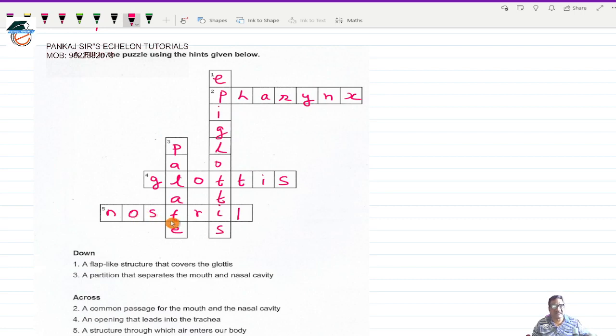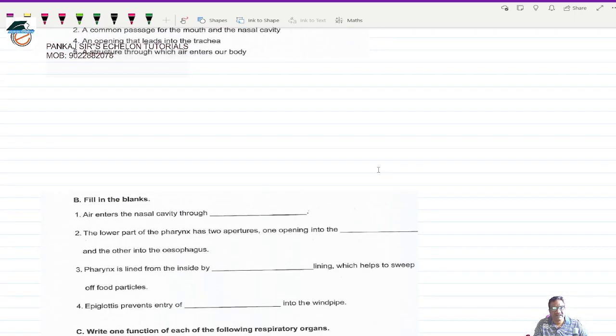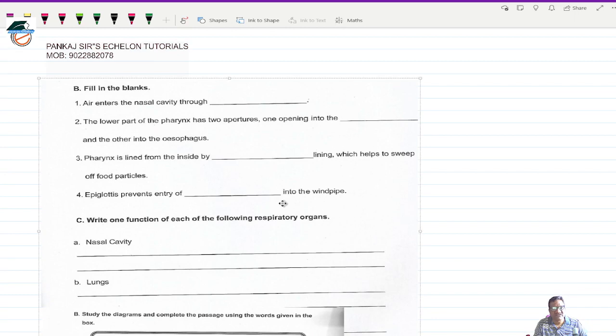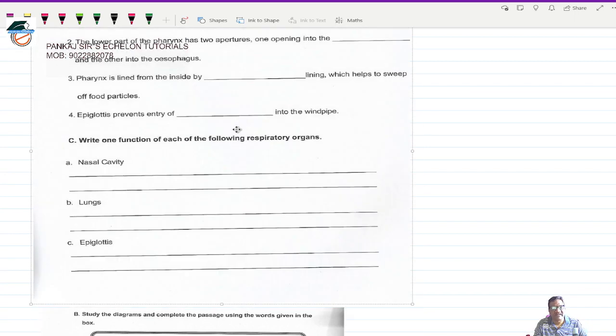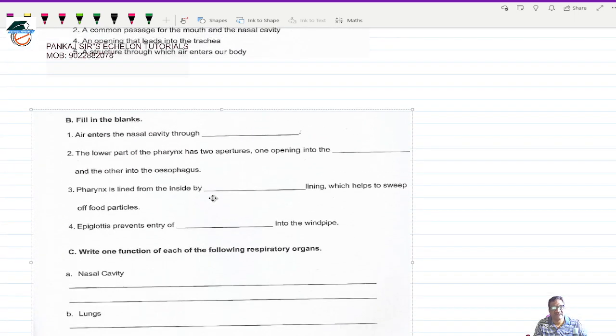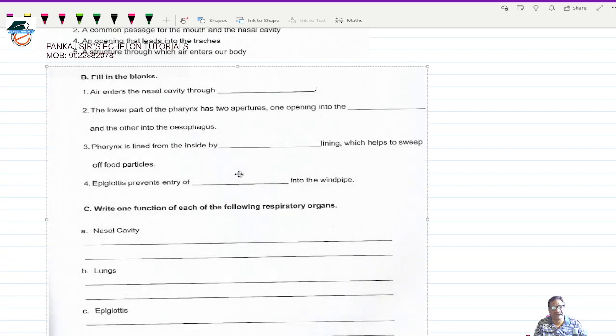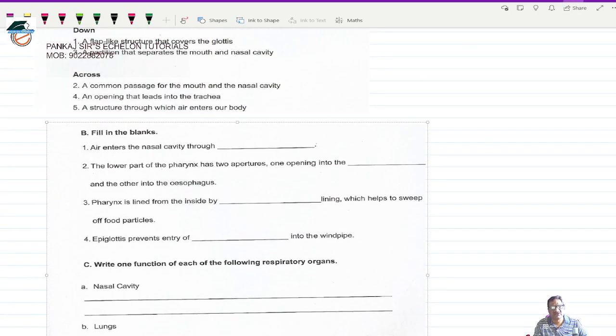So that was this question. Now coming to the next question, which is fill in the blanks. Let us get started with this also. The first one is: air enters the nasal cavity through dash.